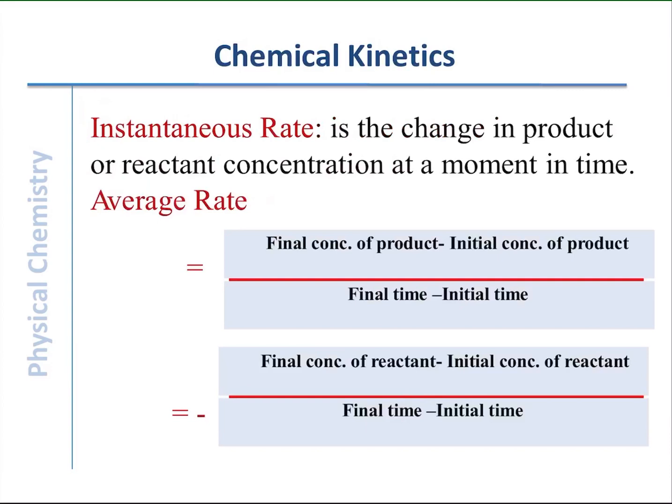If we calculate the average rate according to the reactants, it will be the final concentration of reactant minus initial concentration of reactant divided by the difference in time, but with this negative sign. The negative sign tells us that the concentration of reactant decreased with time.